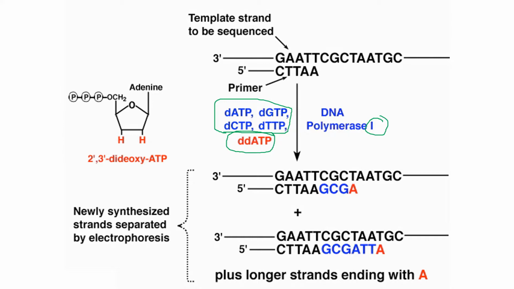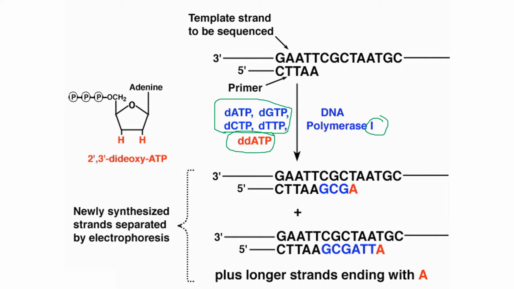So the dATP mixture is about 98% normal dATP and about 1 to 2% of the dideoxy ATP. So most of the time, a regular dATP will be inserted in the sequence and replication will continue past that A position.